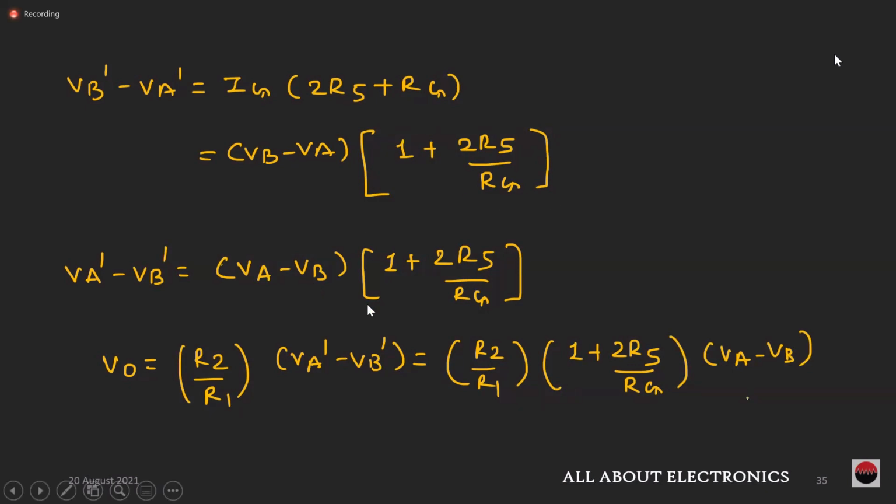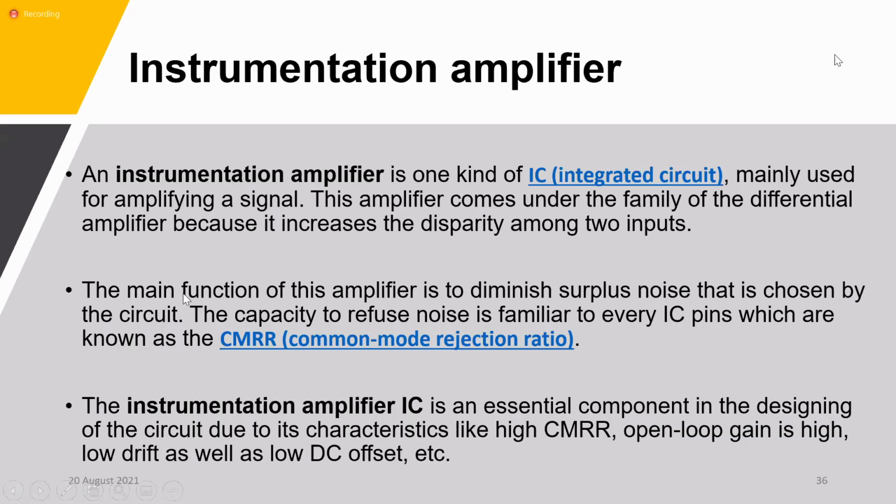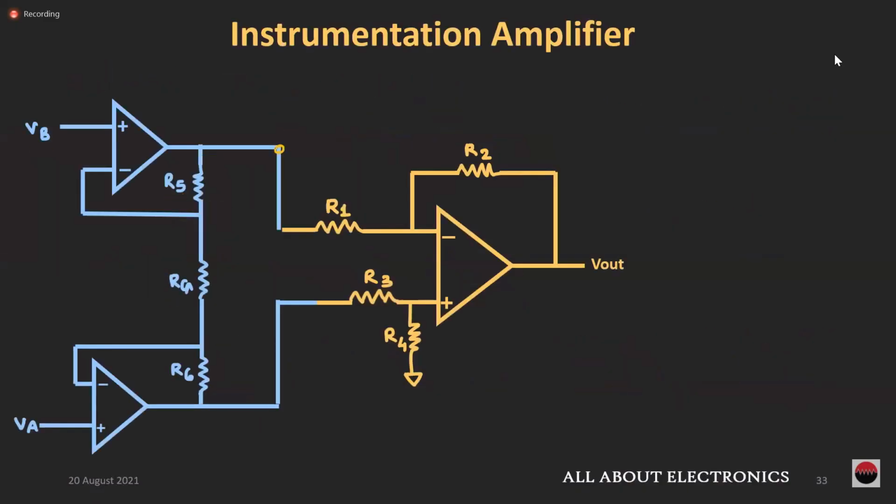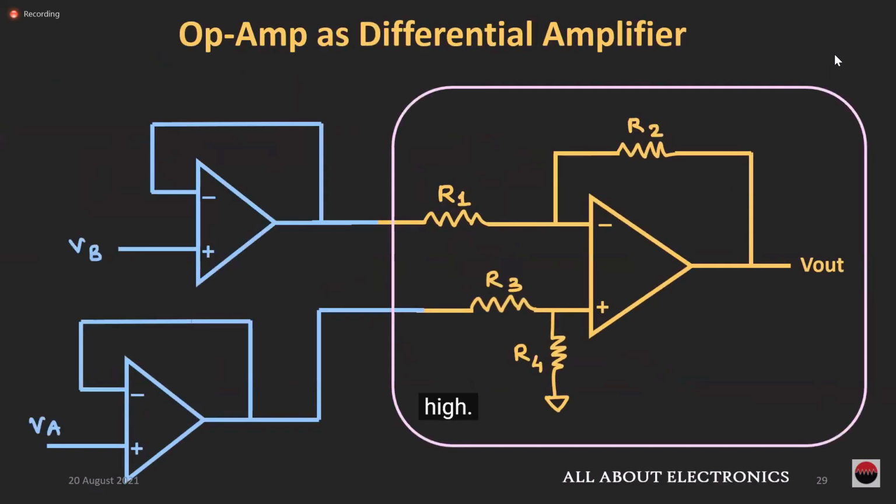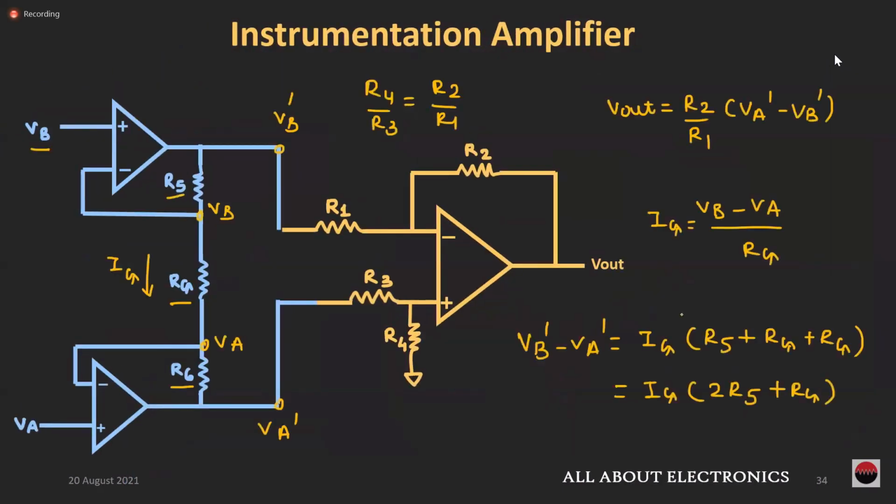And in V0 we are substituting VA dash minus VB dash. And that is the analysis of instrumentation amplifier, students. Observe this figure. If you have any doubts, you can ask.